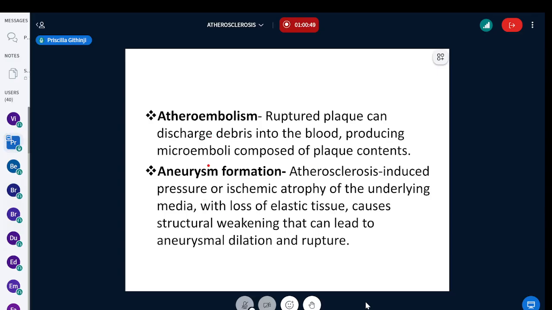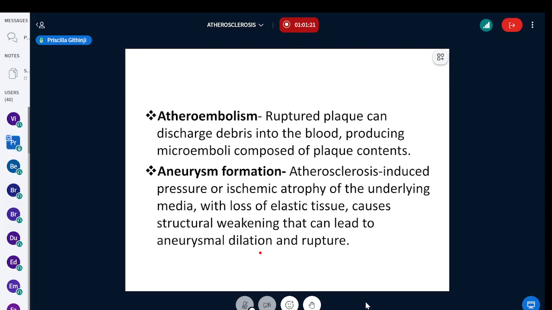The other thing we said is that these intimal lesions lead to weakening of your blood vessel wall that can lead to aneurysm formation. So atherosclerosis-induced pressure or ischemia, atrophy of the underlying media with loss of elastic tissue causes structural weakening that can lead to aneurysmal dilatation, and it can also lead to rupture of the blood vessel.